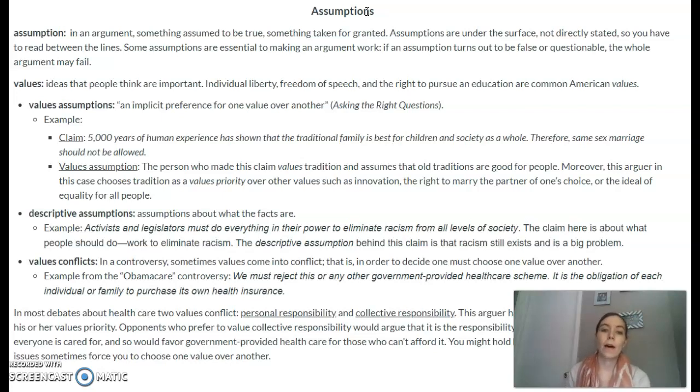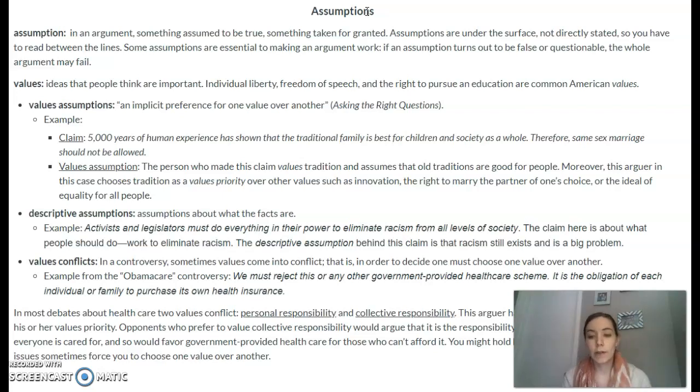So when you're making an argument, when we think back to deductive and inductive reasoning, inductive reasoning is based off of facts and information, and deductive reasoning is based off of principles of values and establishing a logical argument. For inductive reasoning, a conflict that you might encounter would be a descriptive assumption.